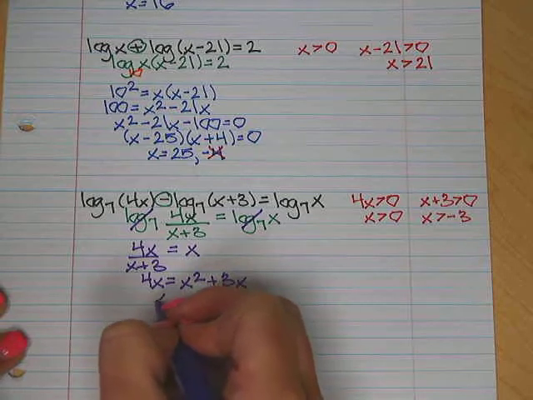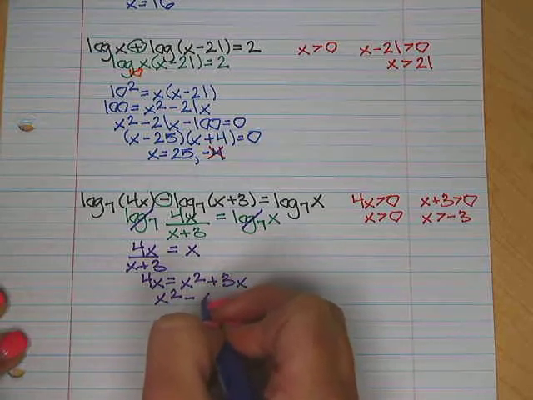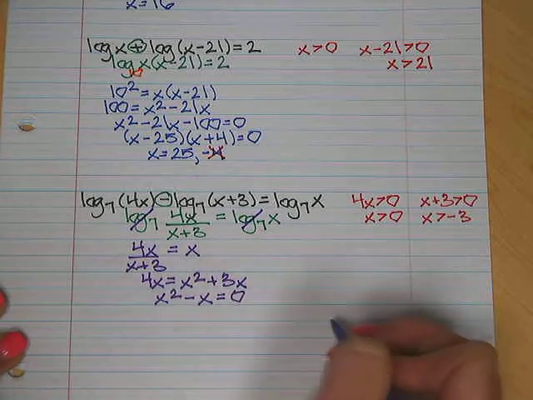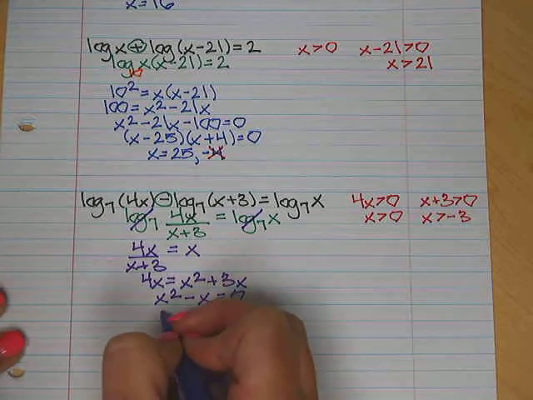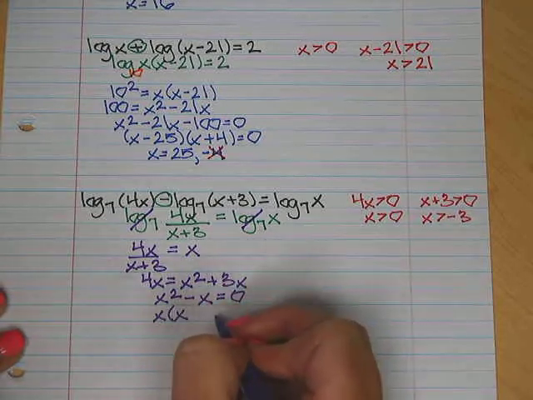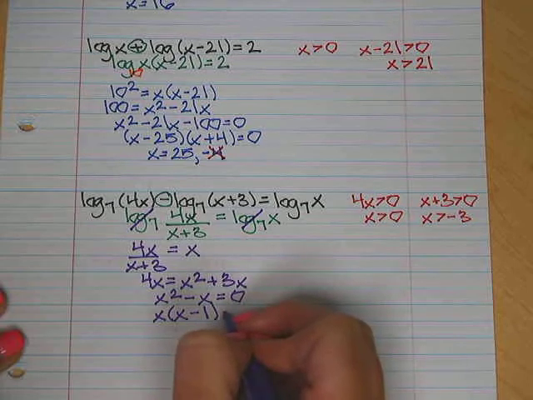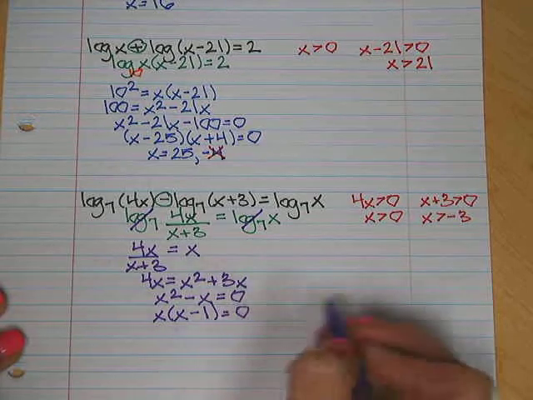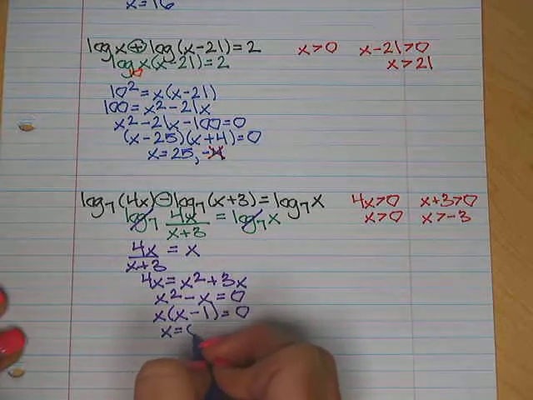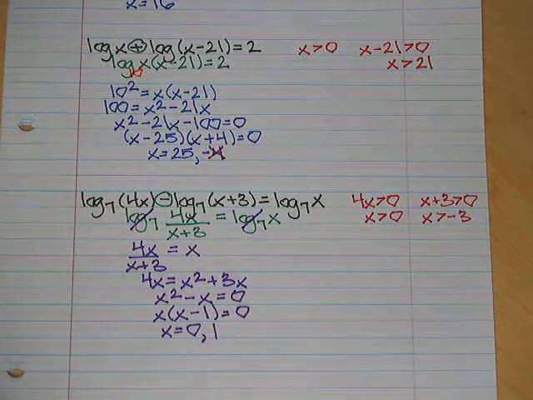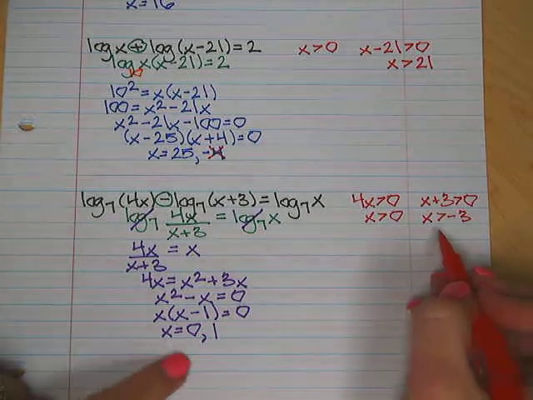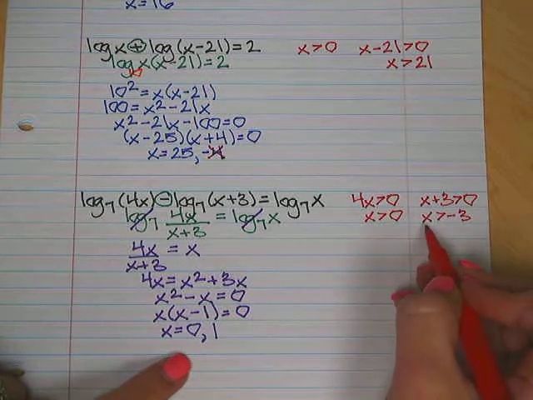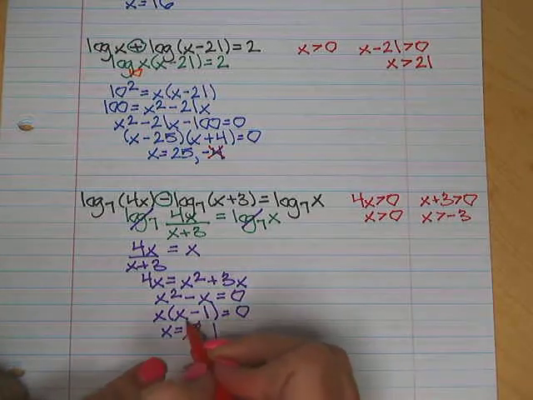So cross multiplying will give me 4x is x squared plus 3x. Moving the 4x to the right-hand side will give me x squared minus x equals 0. Factoring out an x will give me x times x minus 1 equals 0. So x is either 0 or 1.